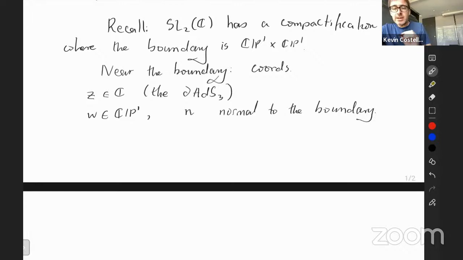Now, N really lives on a line bundle over CP1. As I explain in a second, it's related to the Hopf fibration, which means that N has a pole when W is infinity. In other words, N transforms like dW to the half, like a spin half field.